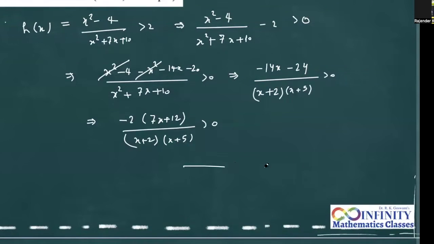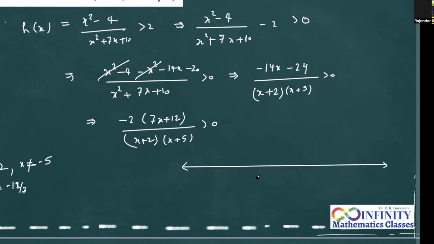Now, I need to know the points where the function is either 0 or not defined. So x equals minus 2 is a point where it is not defined. X equals negative 5 is also a point where the function is not defined. And x equals negative 12 by 7 is a point where the function is 0.